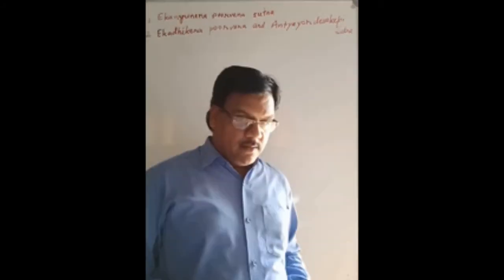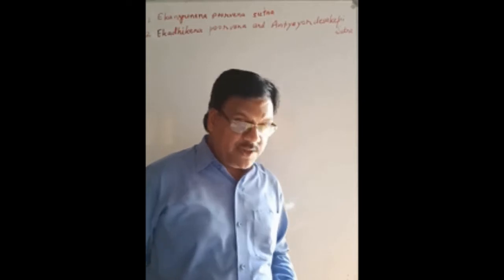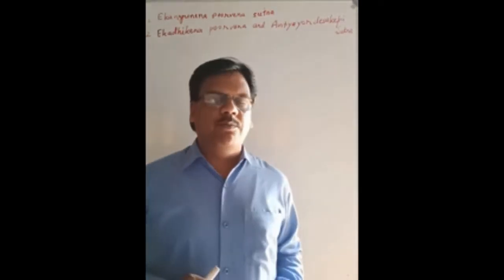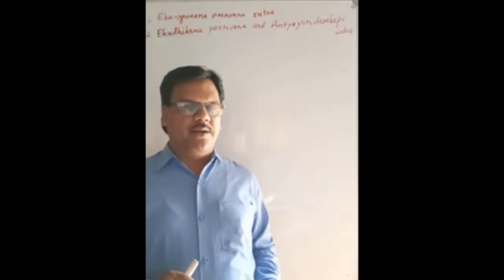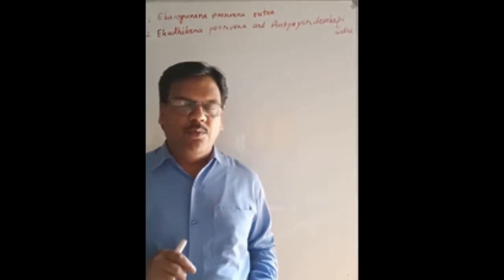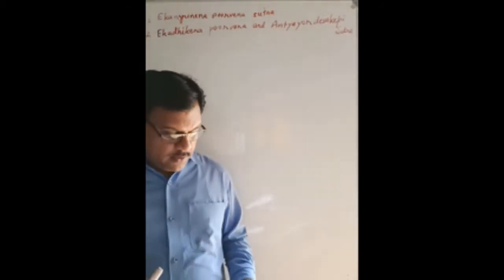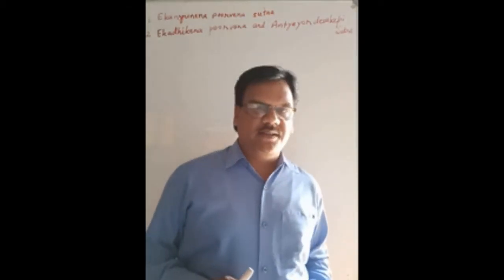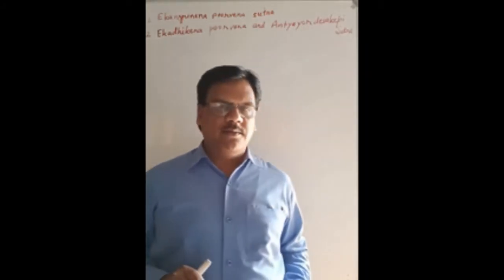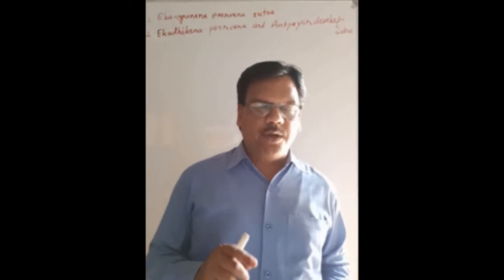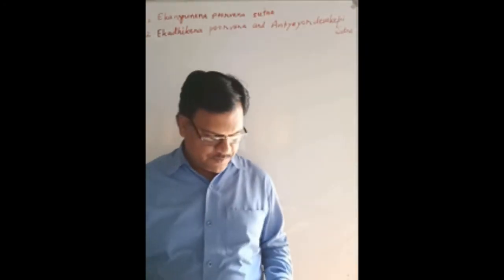Second condition, the number of digits is more in the multiplier than in the multiplicand. And third condition, the number of digits in the multiplier is less than the number of digits in the multiplicand.